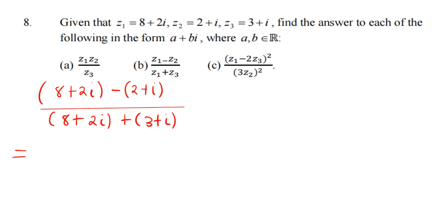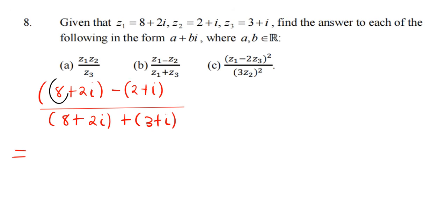So what do we now do from here? Just make sure that we've got 8 and 2 there, and there we have a minus, so we're just supposed to solve them the way they are on top, because here we're not multiplying them, we're just subtracting them. So the real part alone and the imaginary part.